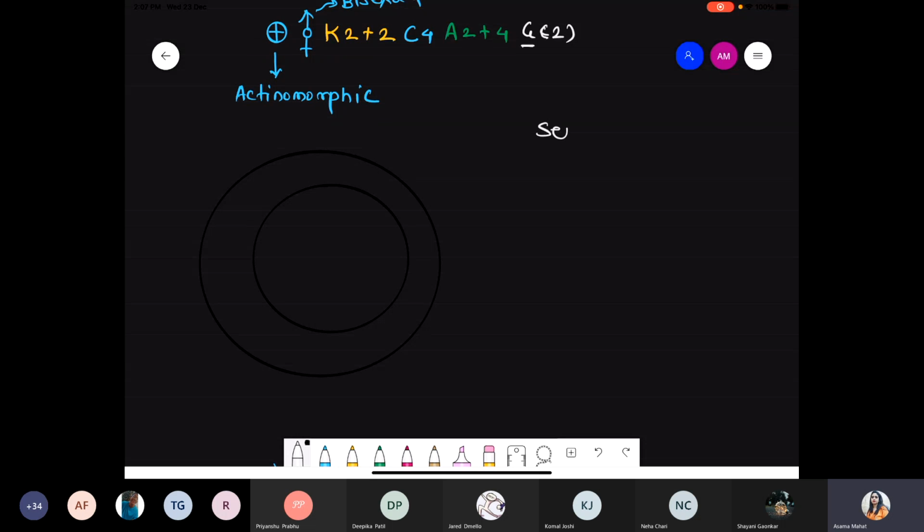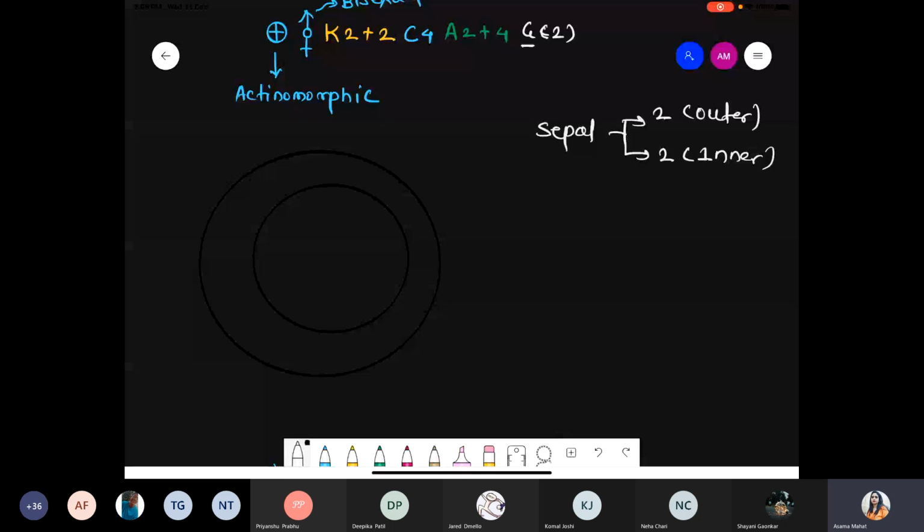The sepal arrangement is 2 plus 2. It means that 2 are present toward the outer side and the remaining 2 are present toward the inner side. Total 4, no doubt, but the plus sign represents the exact position: 2 toward the outer and 2 toward the inner side. That is K2 plus 2 for the calyx, for the sepals.